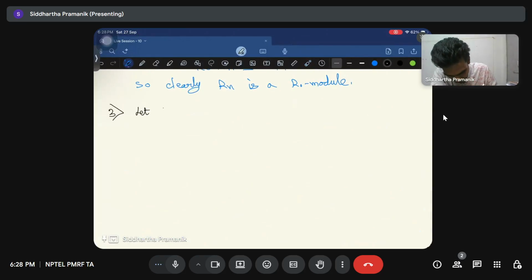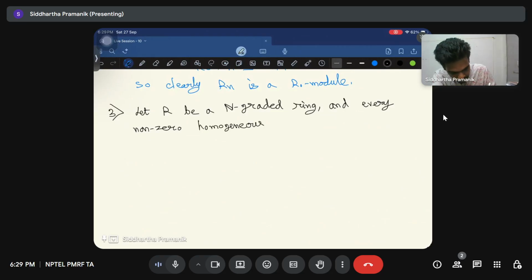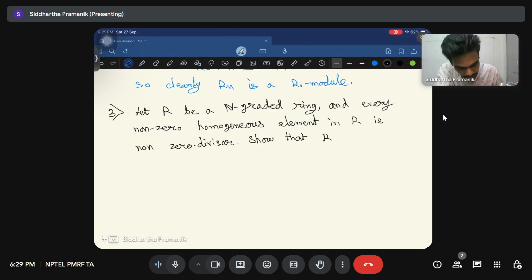Let R be an N-graded ring and every non-zero homogeneous element in R is a non-zero divisor. Then show that R is an integral domain.